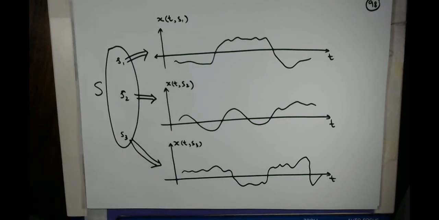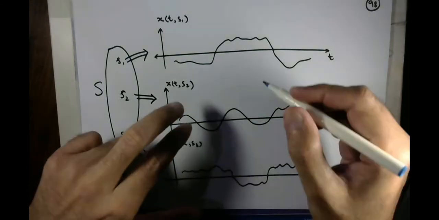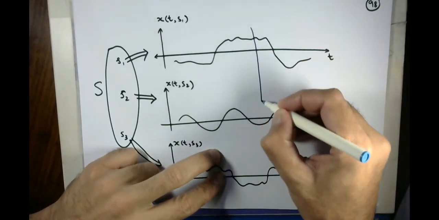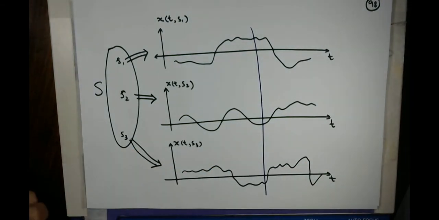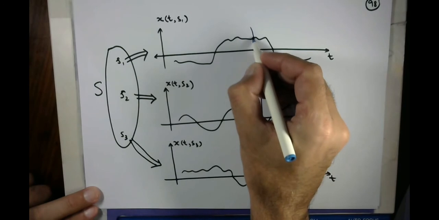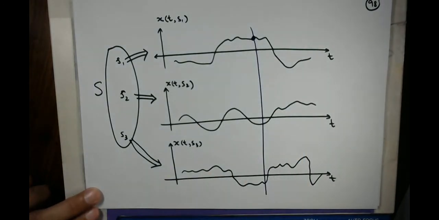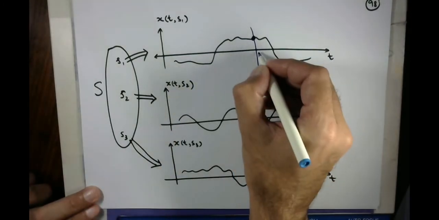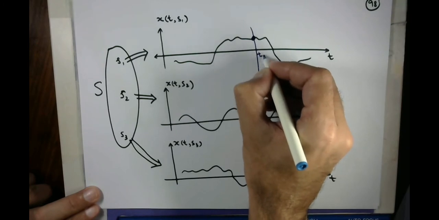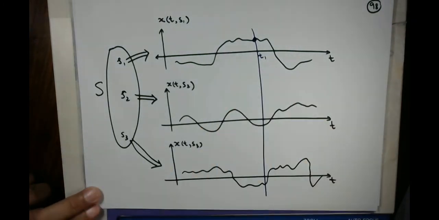Now let's have a little more understanding about the time and the process X. Suppose we choose this particular time instant, which means we pick this value of the process from this sample function when we fix time at say t1 on this time axis.